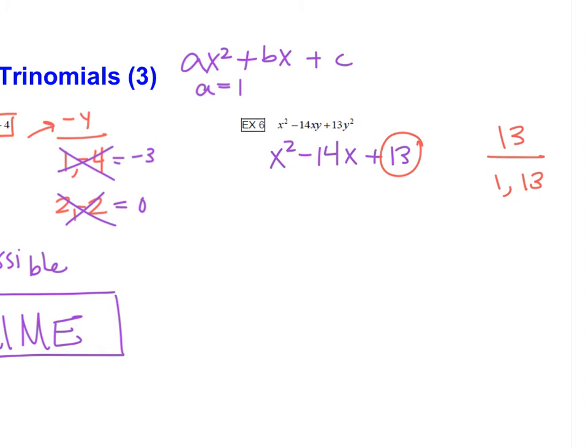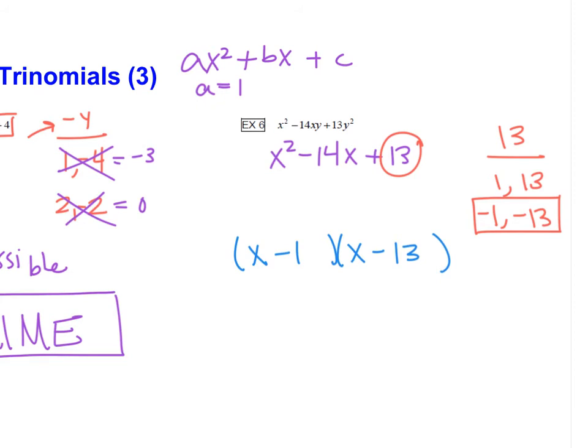So remember, if you're multiplying to a positive number, both factors can be positive and both factors can be negative. -1 plus -13 is a -14. So that's the factor pair that works out. So we are going to have x minus 1 and x minus 13, but we kind of ignored some y's that we need to bring back in.